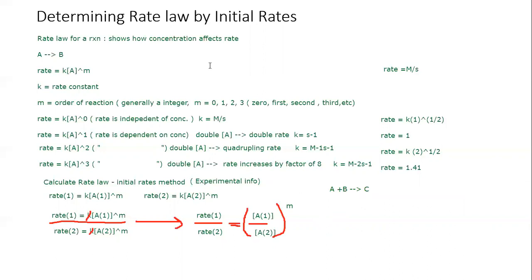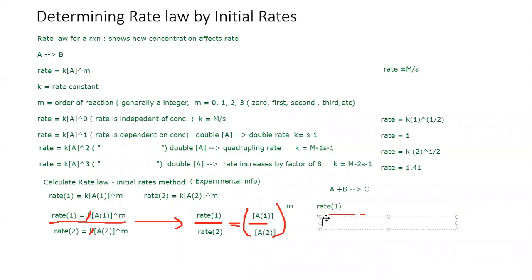So now we do the same thing. We set up our experiments. And when you have 2 reactants, you're going to need a minimum of at least 3 experiments to do it for both.